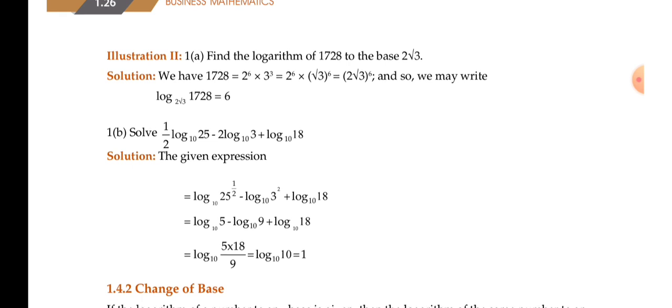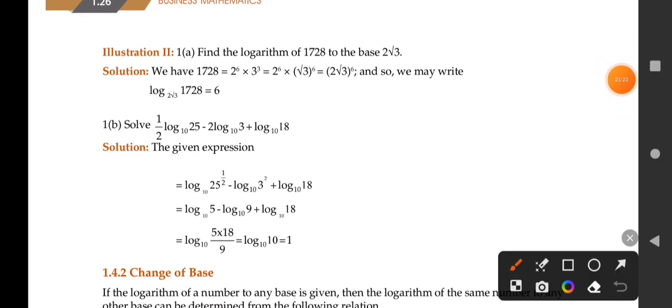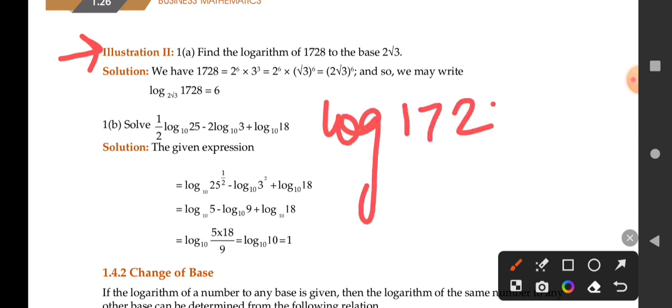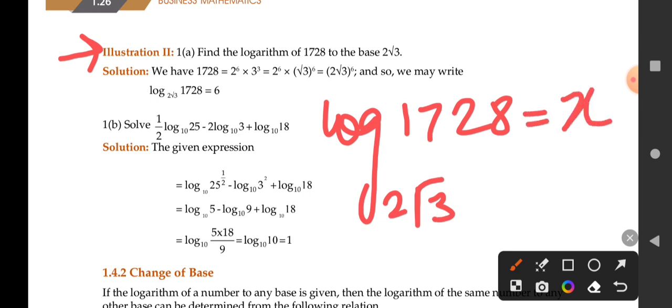Illustration number 2. Find the log of 1728 to the base 2 root 3, suppose it is equals to x. Let us solve this with the help of calculator directly.